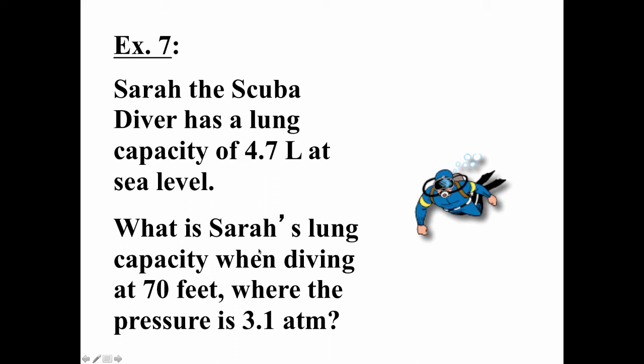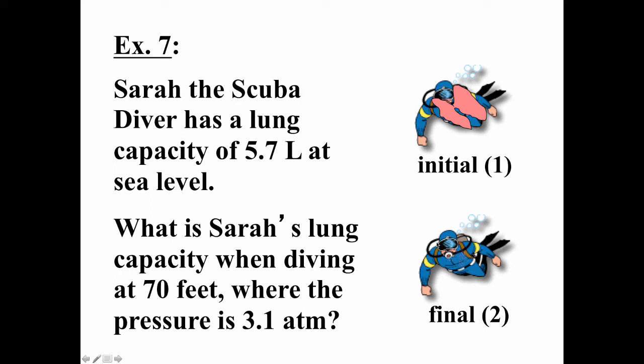Now when you dive, you're underwater, you're at a much higher pressure, and every 33 feet or so underwater you go, that's an additional 1 atmosphere or so worth of pressure. So if you start with 1 atmosphere of pressure at sea level, 33 feet underwater is a 2nd atmosphere, 66 feet under is a 3rd atmosphere, and then at 70 feet the pressure is about 3.1 atmospheres.